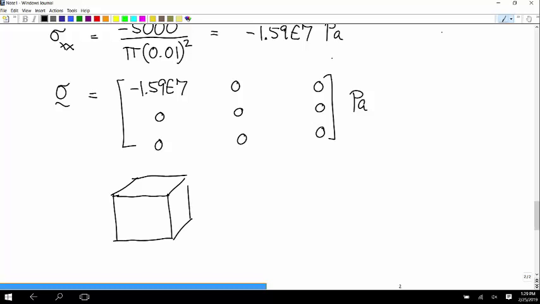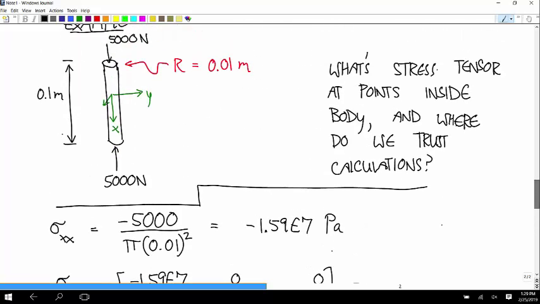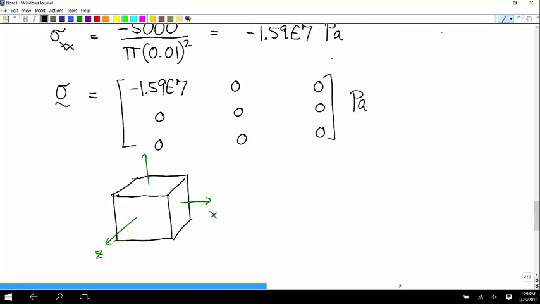Imagine this cube where this is the x direction, y direction, and z direction. And what we have here is on the positive x face, a 5,000 Newton force going in the negative x direction. So we have our 5,000 divided by the area going that way on the positive x face and this way on the negative x face.